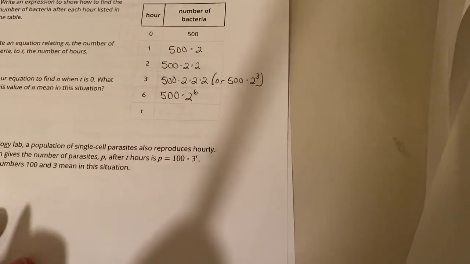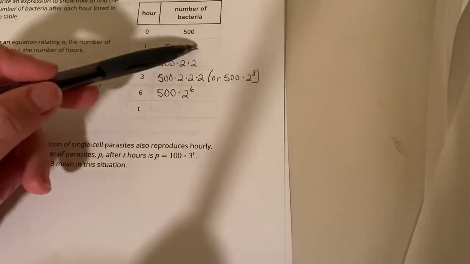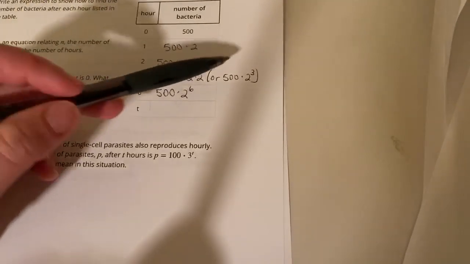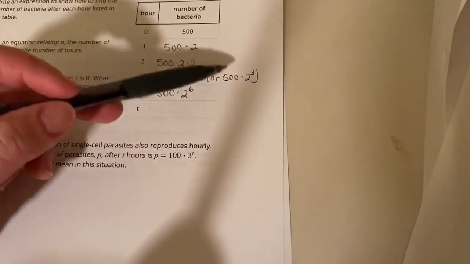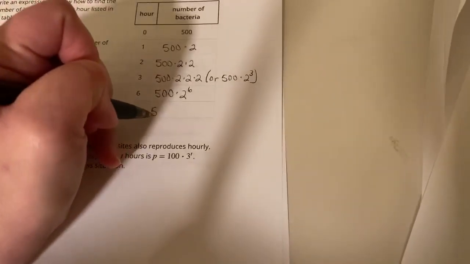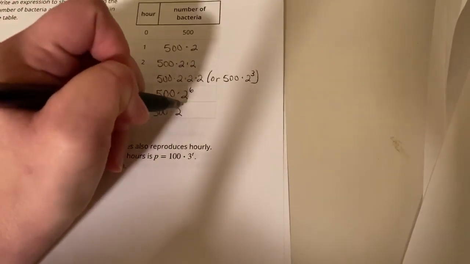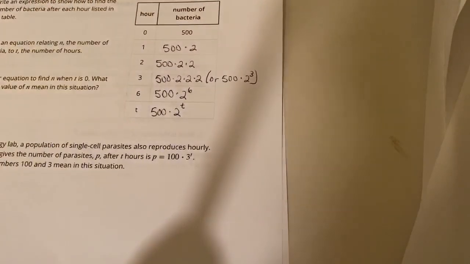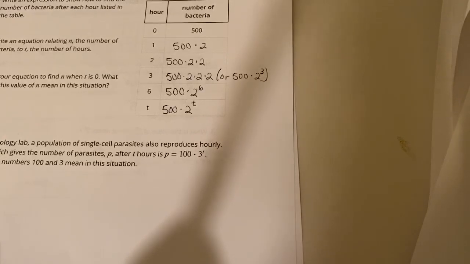Now what if the power is t, or the hour is t? Again, if you looked at all of these, your exponent was the number of hours. So it would make sense to just have 500 times 2 to the t hour. Look at B. Write an equation relating n, the number of bacteria, to t, the number of hours.